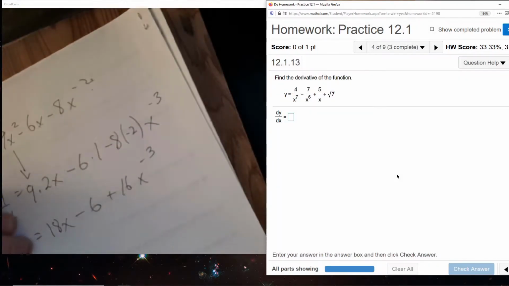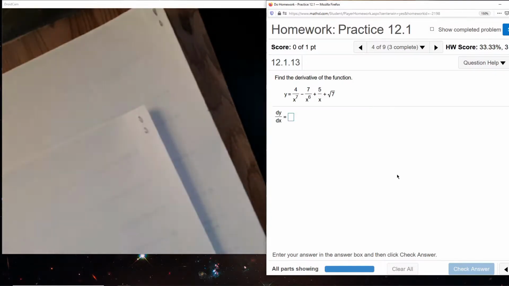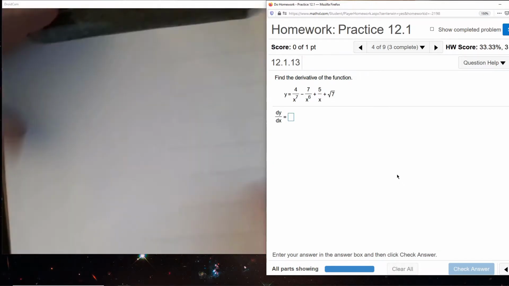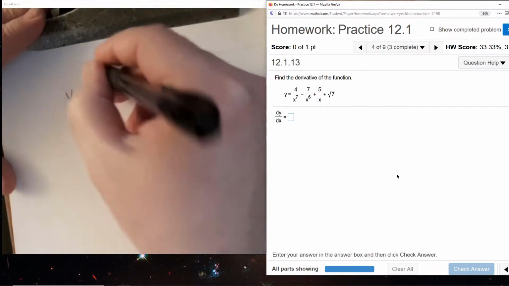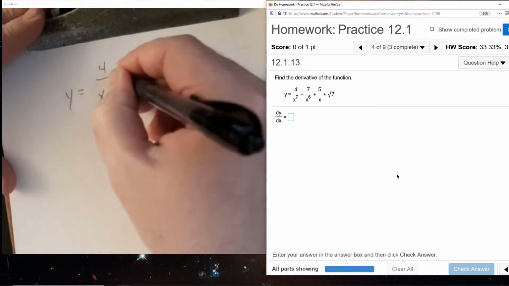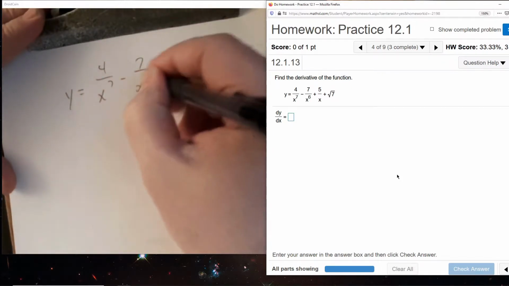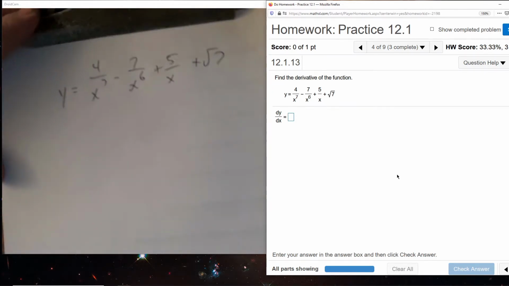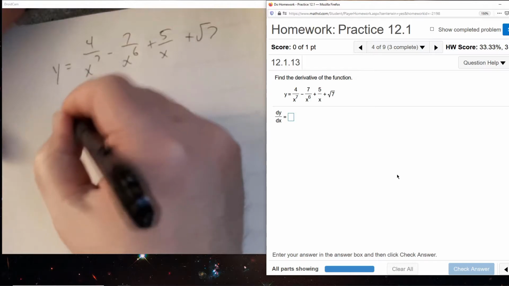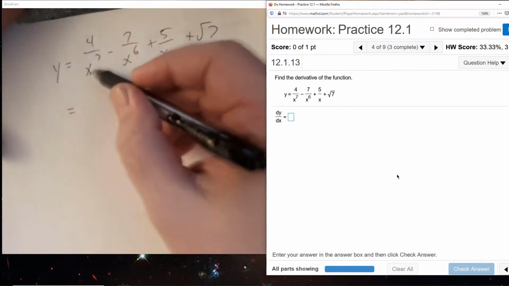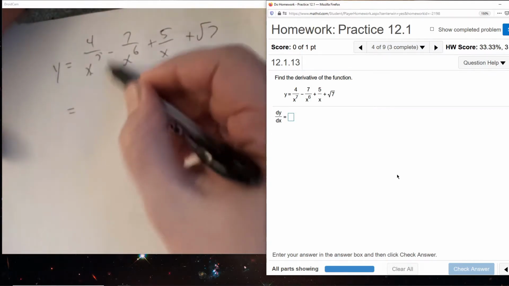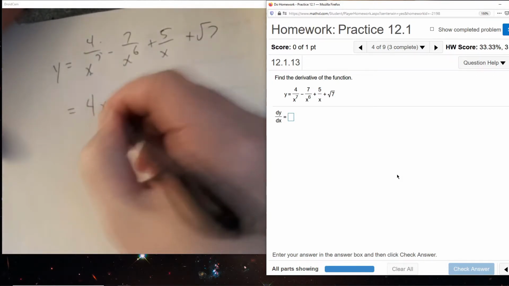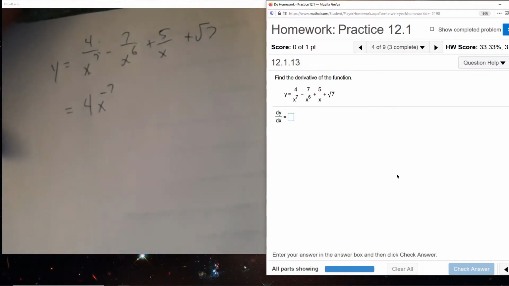So number 4. Now notice the x is here in the denominator. But that's not a problem. So using the properties of exponents, remember we can take an exponent and bring it across the division bar, and that changes the sign of the exponent.